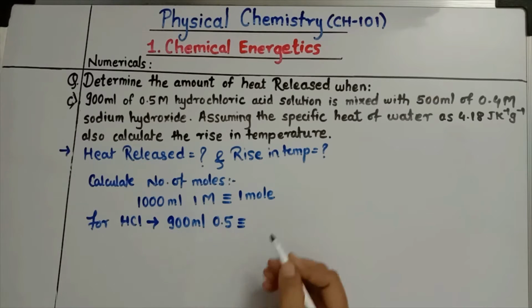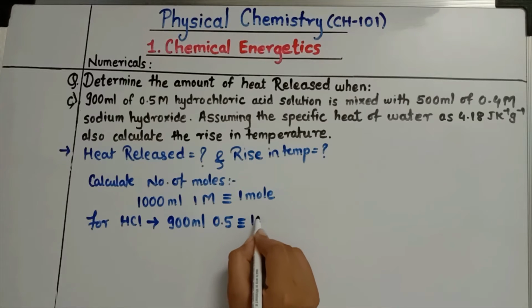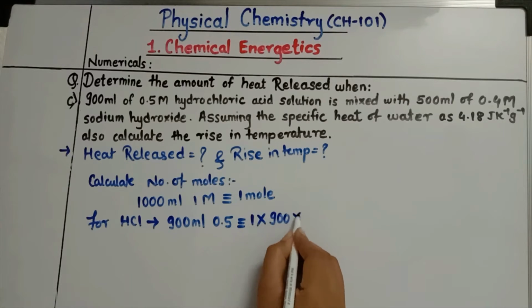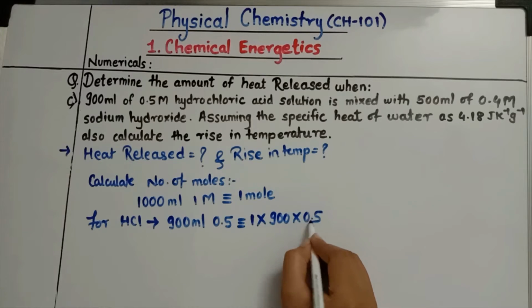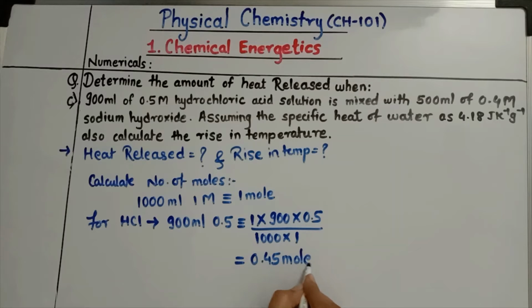Now we will do the cross multiplication, that is 1 into 900 into 0.5 upon 1000 into 1, and that comes to 0.45 mole. So this is for HCl.